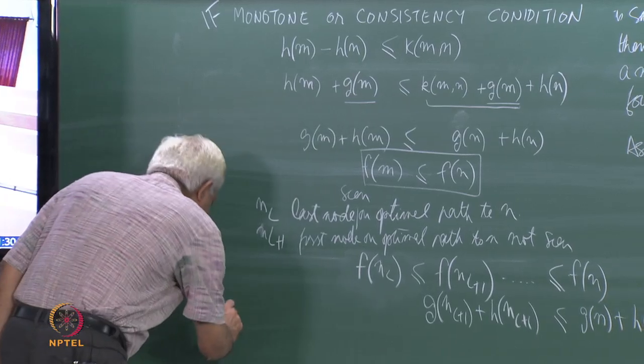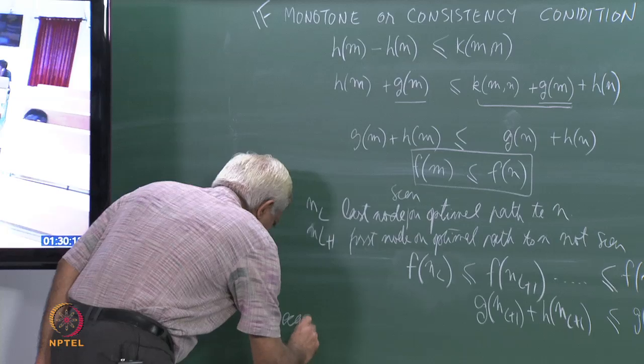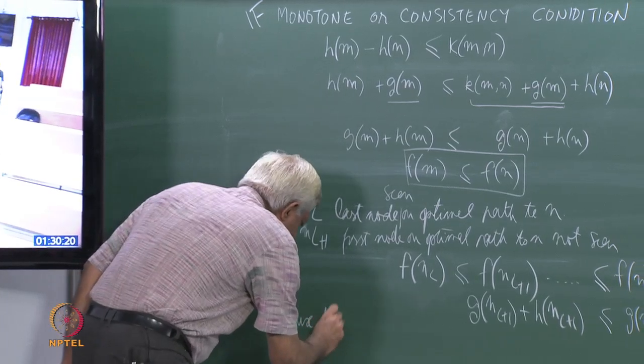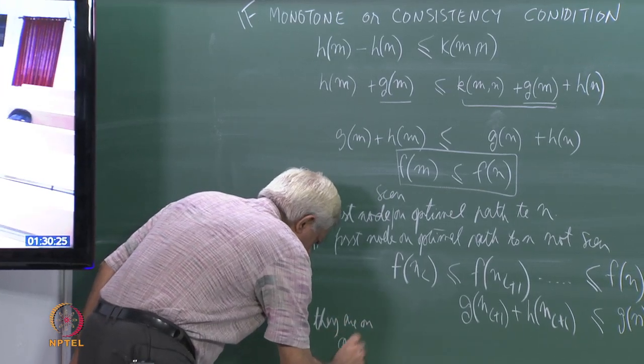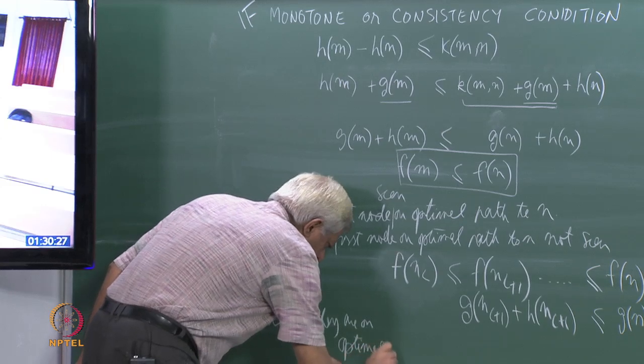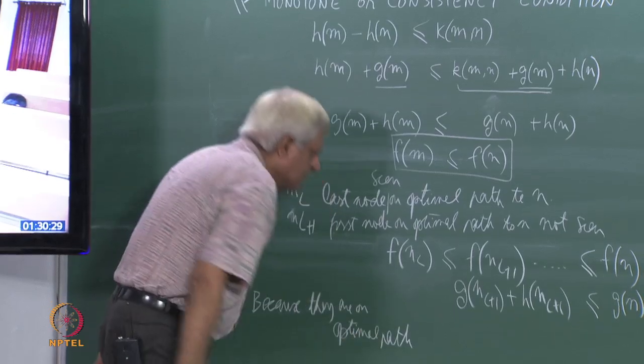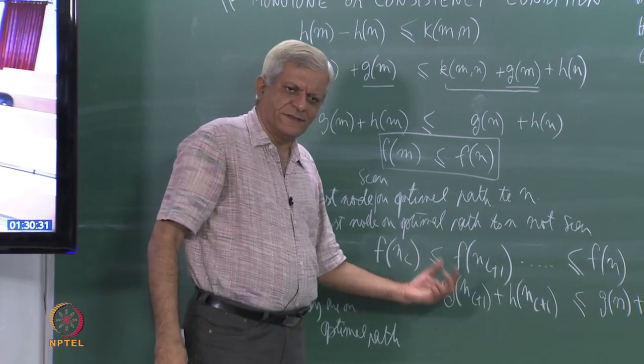Because they are on the optimal path, we can replace g with g star.